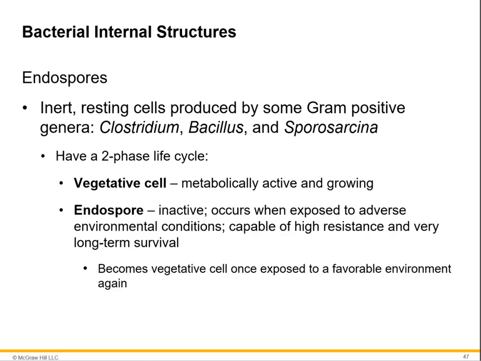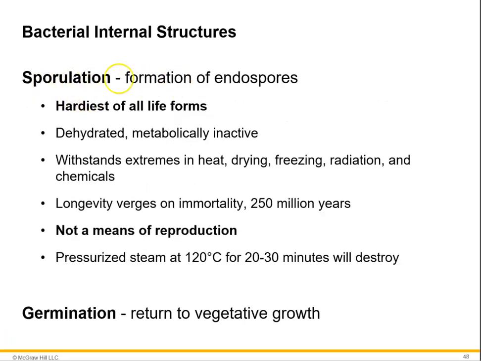Now, when the environment becomes favorable again, the endospore is going to become a vegetative cell again. Okay, so we have sporulation and we have germination. So sporulation is going to be when the bacterium decides to form endospores.